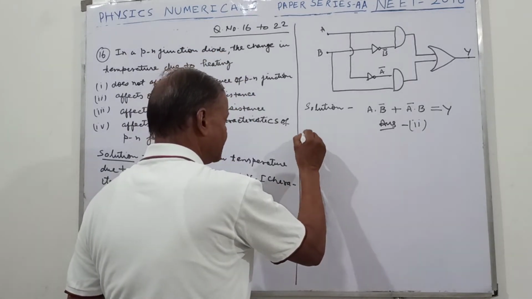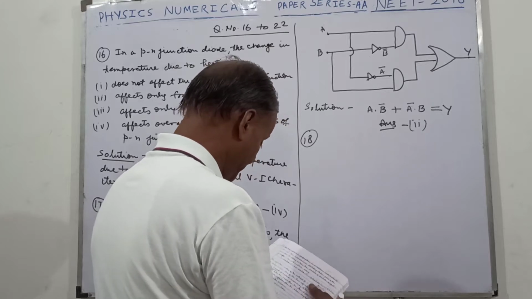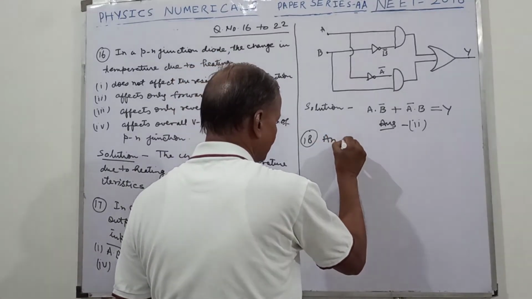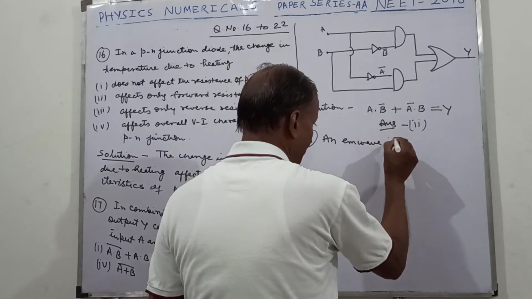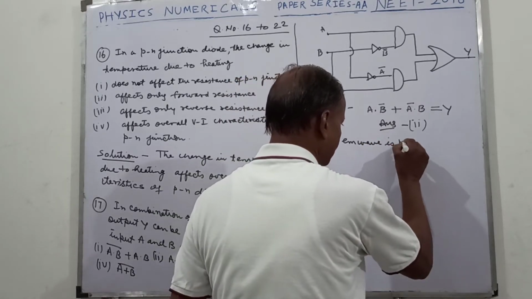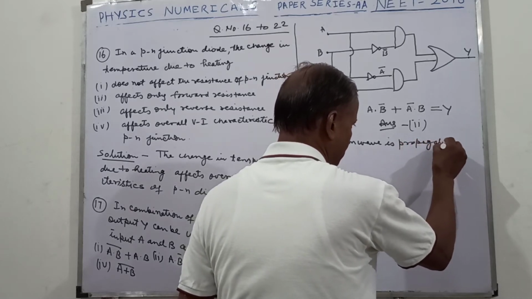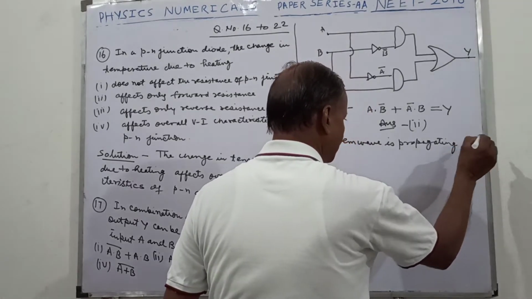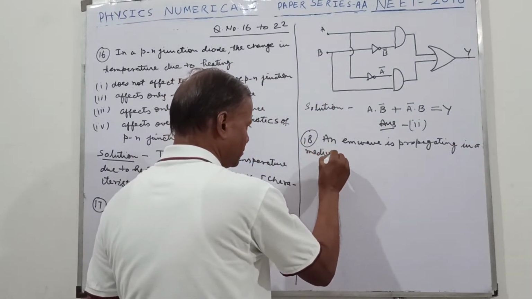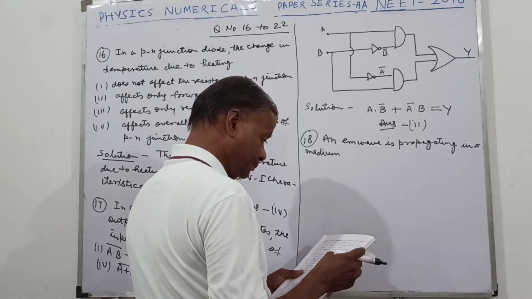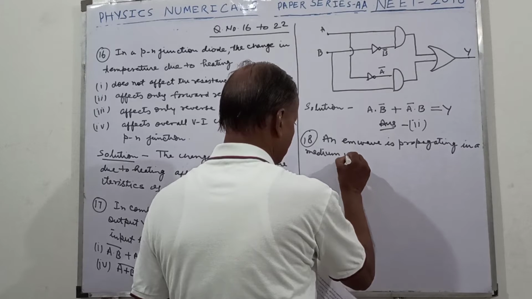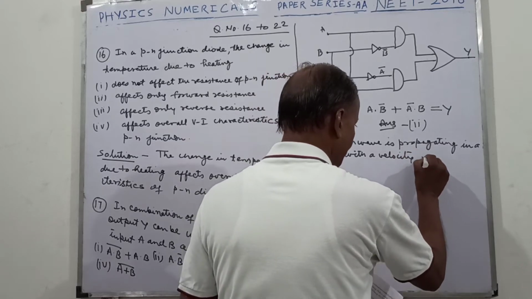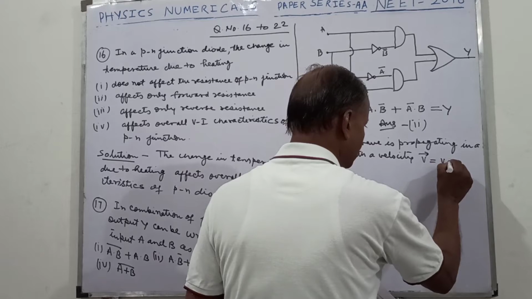Now question number 18. An EM wave is propagating in a medium with a velocity v equal to v i.